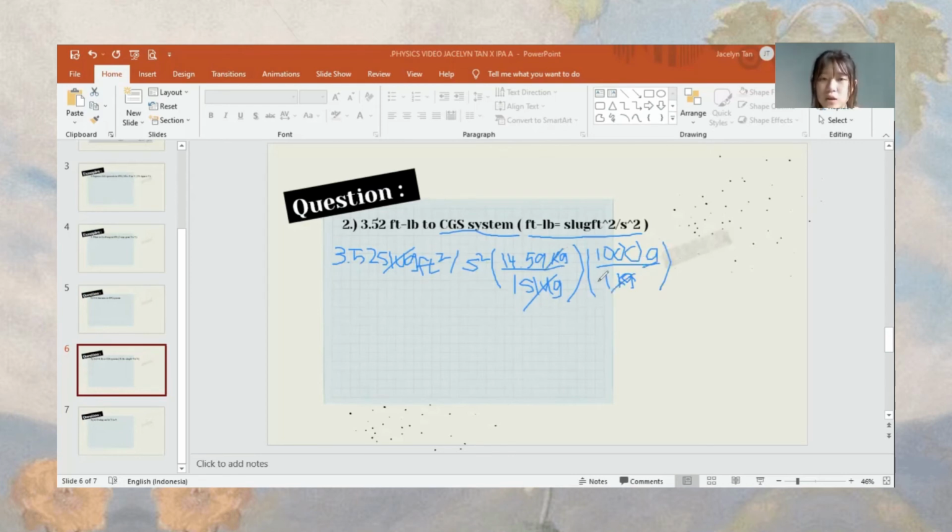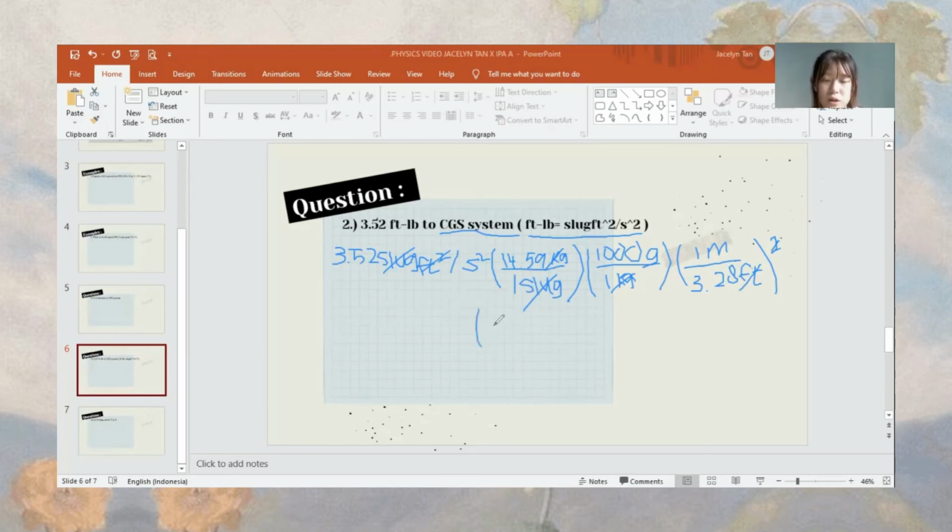Feet squared, we need to change to meter. So 1 meter is equal to 3.28 feet, squared. So cancel. I'll just write it down here.